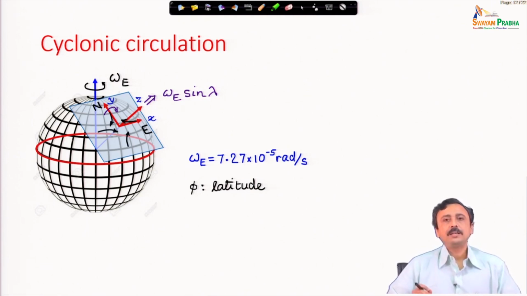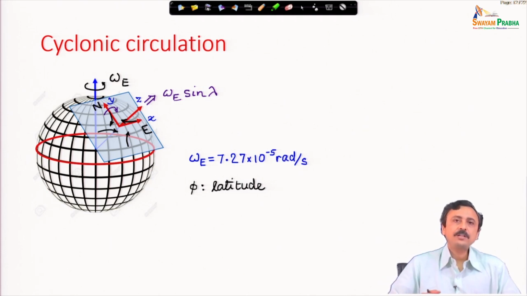Now, imagine that you have developed a low pressure region at the location under consideration. This happens because hot spots develop and hot air is lighter, it rises up and the pressure drops at that location.